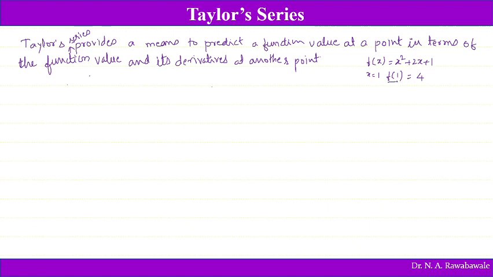So if we know f of 1 is equal to 4, and if you want to find out f of 1.5 without knowing this original function, you can find this function value in terms of derivatives of this function.